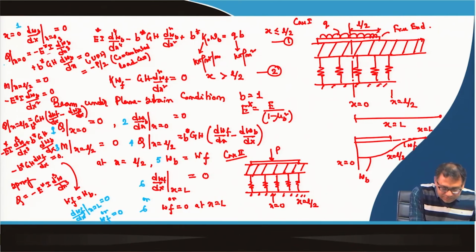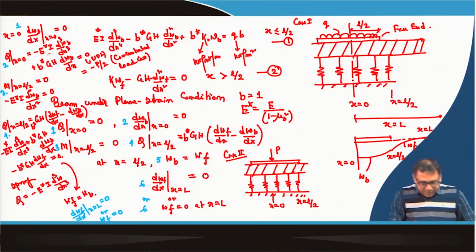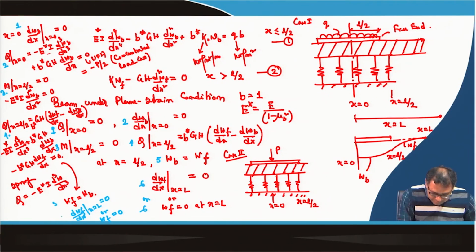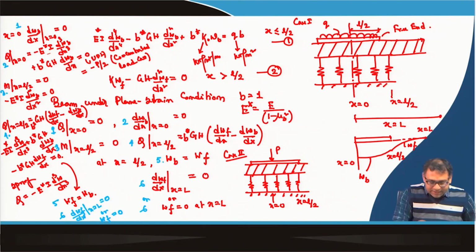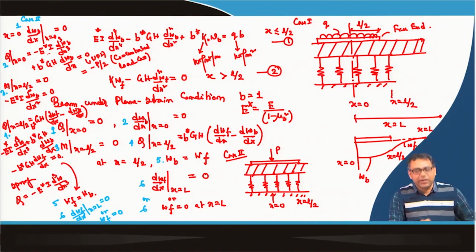This is the first, second, third and fourth boundary conditions, and this is the fifth and this is the sixth. So, these are the 6 boundary conditions: 4 for equation number 1 and 2 more for equation number 2. And for case 2 also, this is 1, 2, 3, 4 and then 5 and 6.